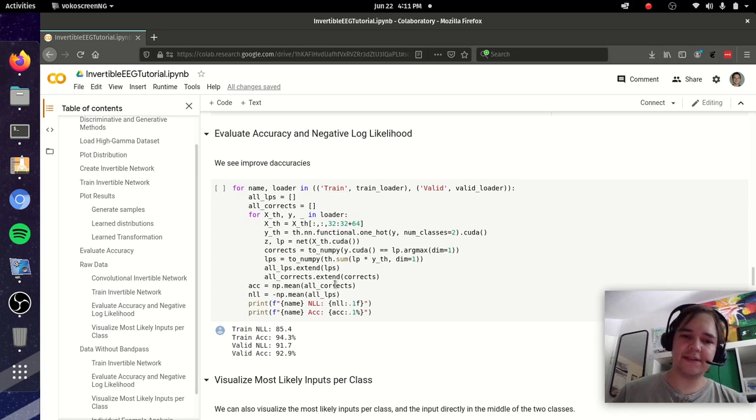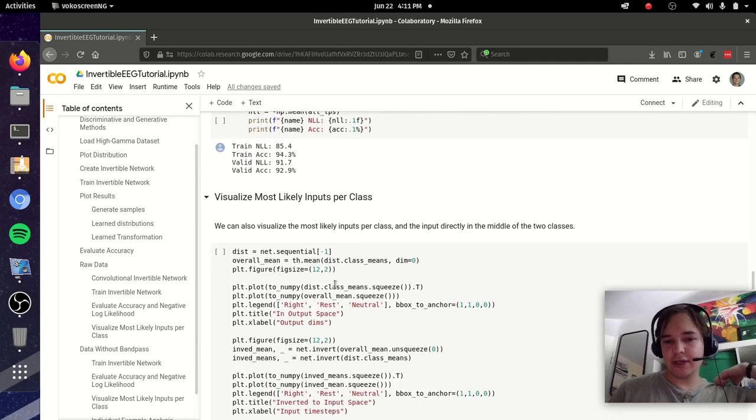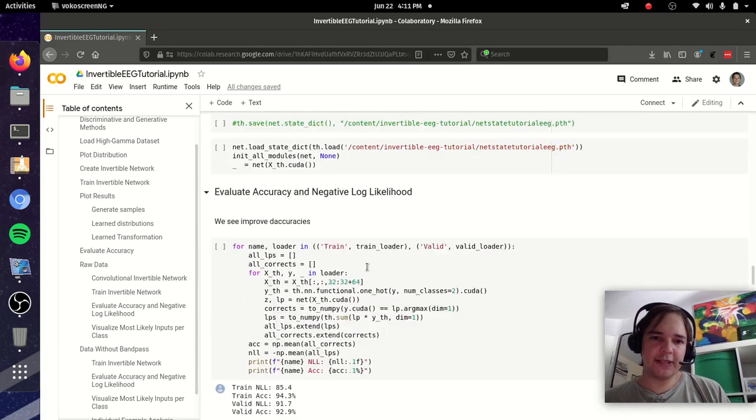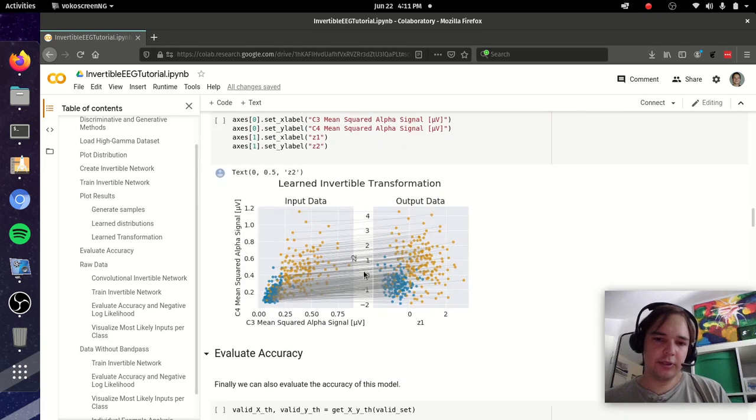And now, as I said, what we would like to see is, can we understand a little bit what the differences between the classes are that it has learned. Here for this example, of course, we have a clear idea what it should learn because we know that the alpha power is different. And indeed, if we try to understand this network, we also see that. What we'll do now is, you can imagine in the 2D space before, you have the maxima of your Gaussians in the output space here and here, and you can look where these maxima are in the input space.